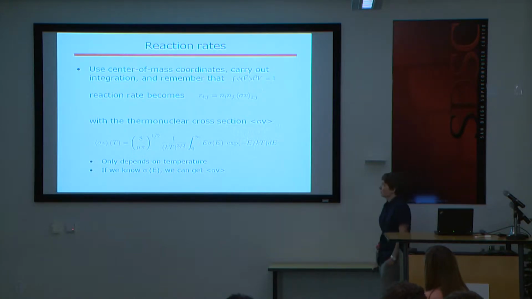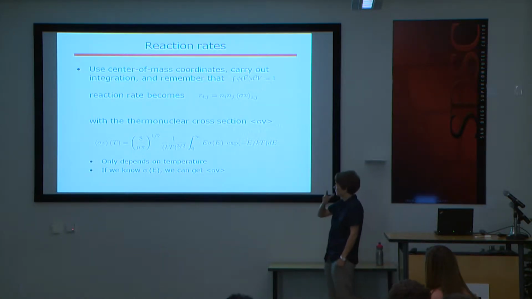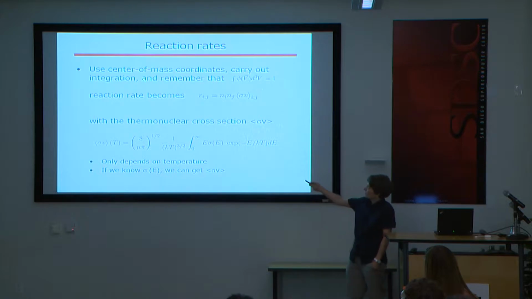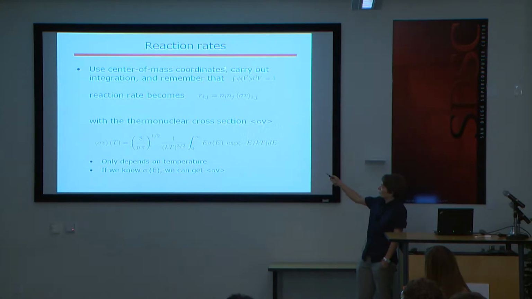You have to do some manipulation, and I'm not going to go through the specific steps, but basically you're converting to center of mass coordinates, you carry out the integration, and you remember that the distributions are normalized. Then you can write your reaction rate R that we had before as the number density of particles I times the number density of particles J times this thing down here, which is what we call the thermonuclear cross-section.